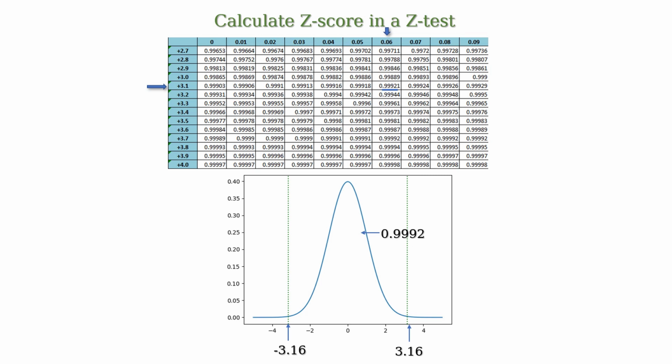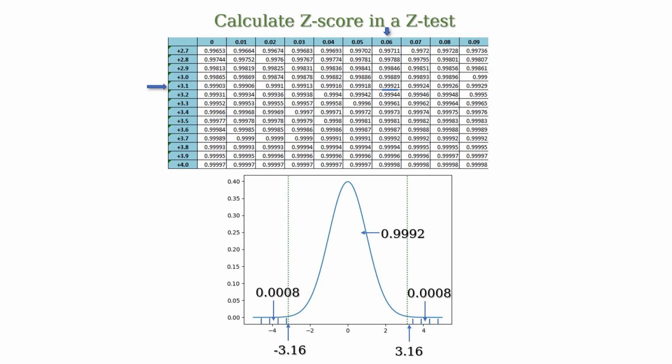So, the area on the right side of our z-score is 1 minus 0.9992. That is 0.0008. Now, this is a two-tailed z-test. So, we need to find out the area on the left side of the z-score minus 3.16 also.